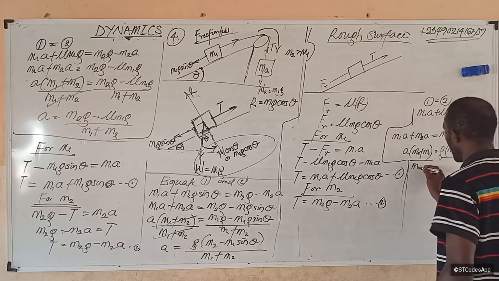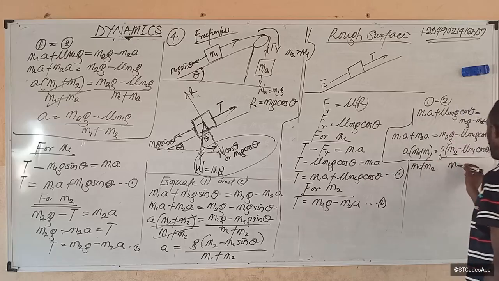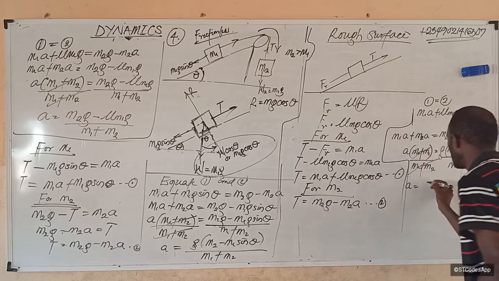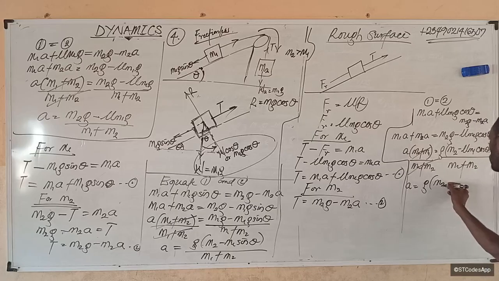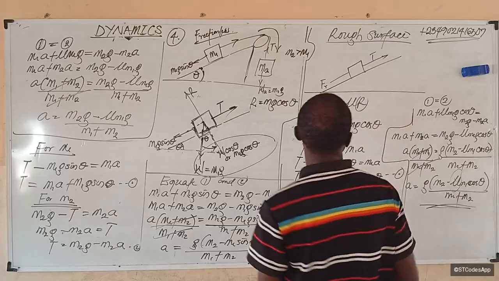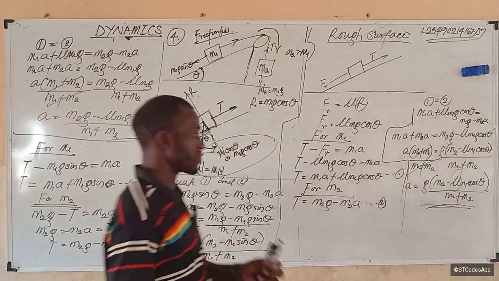Dividing both sides by M1 plus M2, A becomes G into bracket M2 minus mu M1 cos theta over M1 plus M2. So you can see that the difference in the equation is just this mu and cos theta. Is it clear now? So that's when there is friction on that surface.